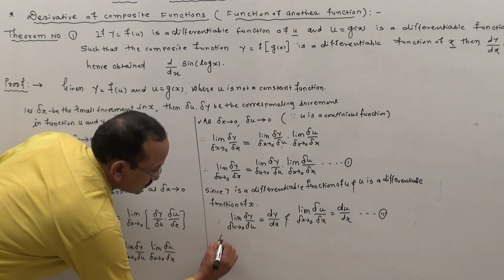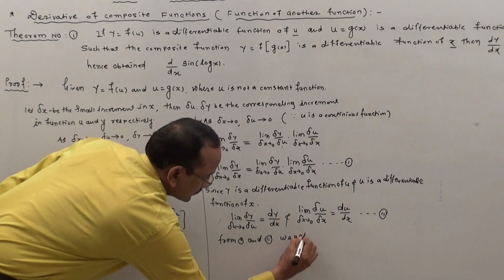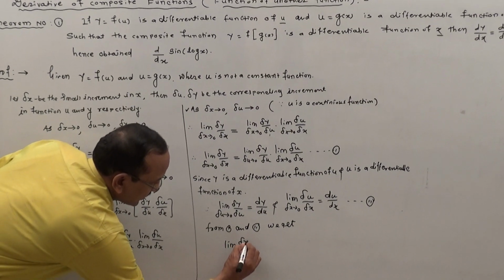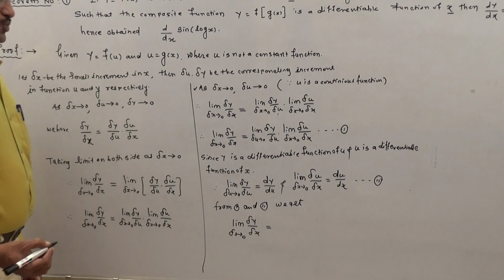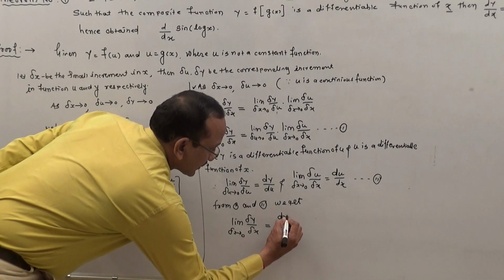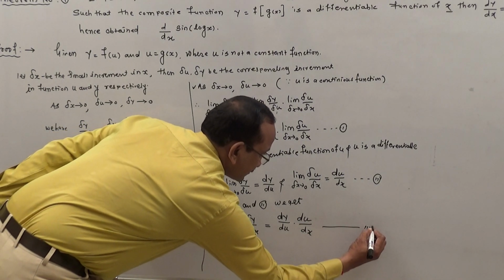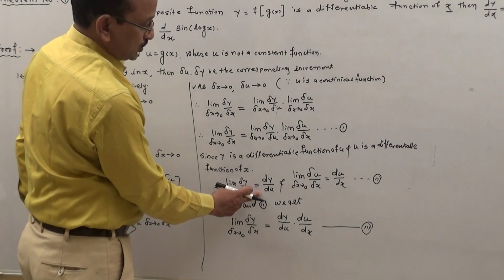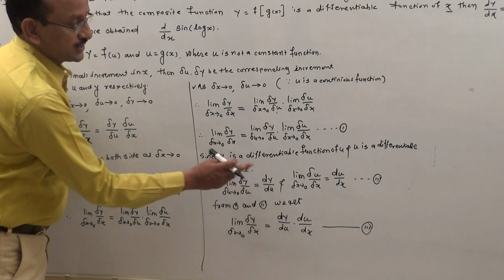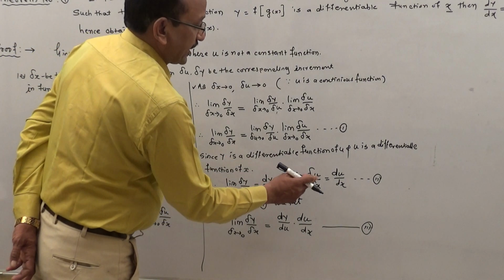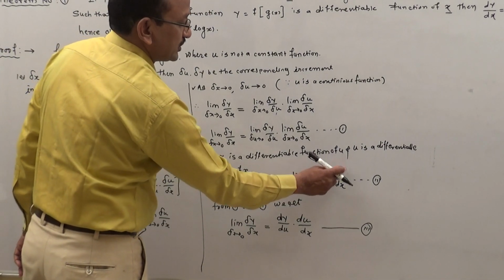So from 1 and 2 we get the limit of delta y by delta x as delta x tends to 0 is equal to dy by du into du by dx. Give this number 3. From 2, the limit of delta y by delta u as delta u tends to 0 is dy by du, and the limit of delta u by delta x as delta x tends to 0 is du by dx.